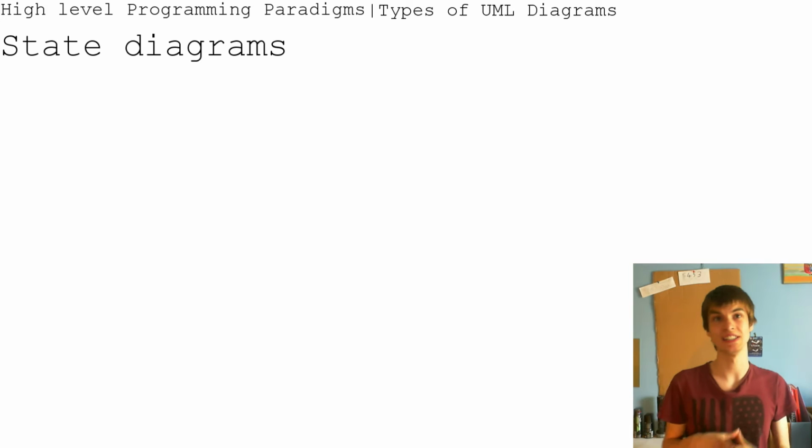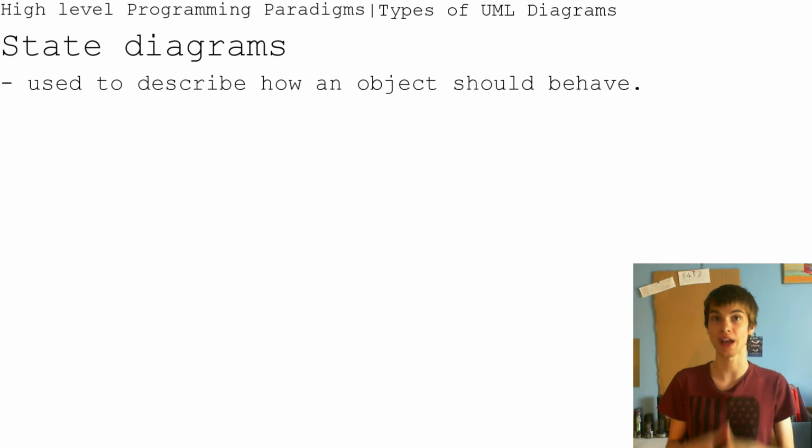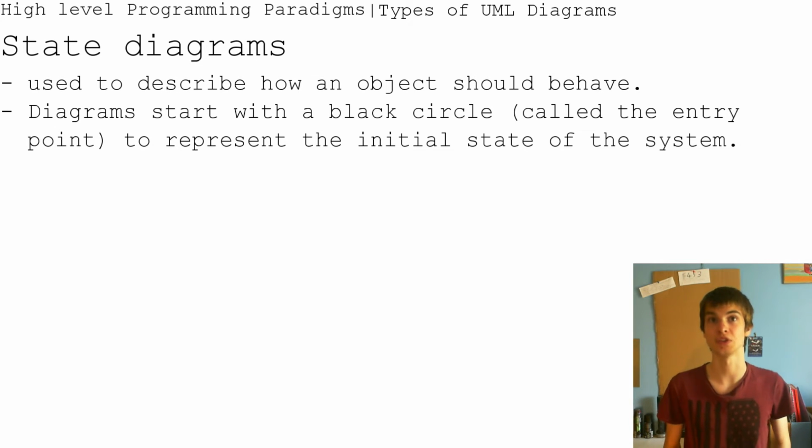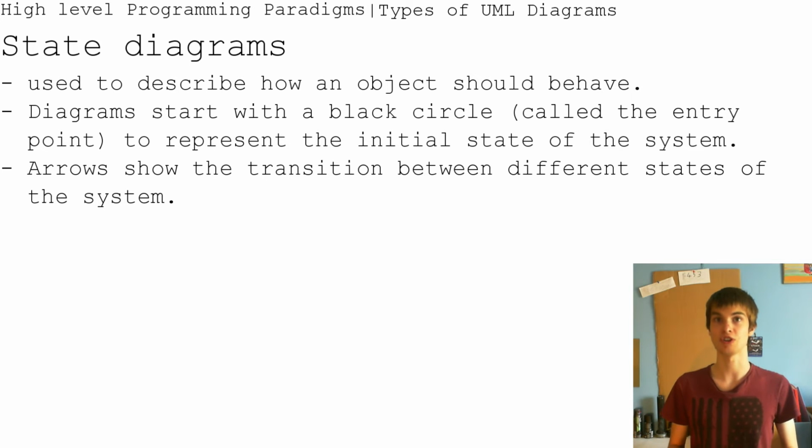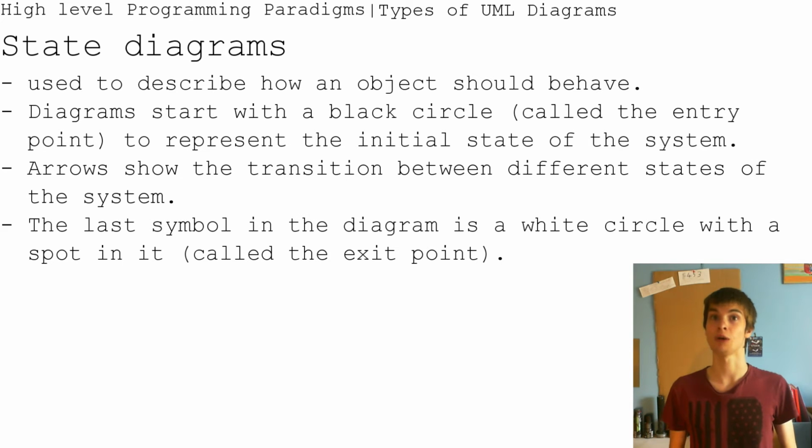Alright then, the next thing is the state diagrams. It is used to describe how an object should behave. Diagrams start with a black circle, called the entry point, to represent the initial state of the system. Arrows show the transition between different states of the system, so from the direction of the arrows you know which way it's going. If you are asked to make one of these, it would be crucial to get the exact arrows and so on. The last symbol in the diagram is a white circle with a spot in it, called the exit point.